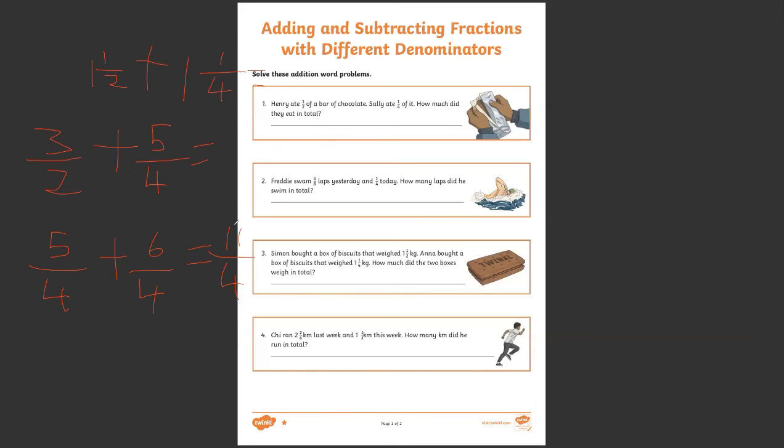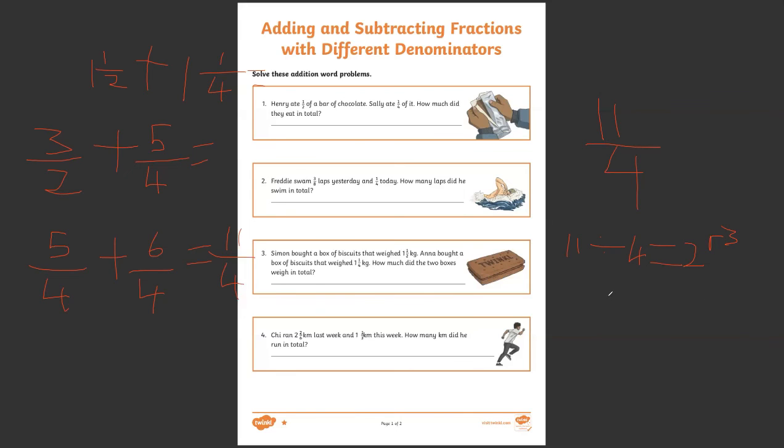Now we can't leave it as 11/4 because we need to change it to a proper fraction. So what we're going to do is 11 divided by 4, which is 2, because the closest is 8, and the remainder is 3. 2 times 4 is 8, plus 3, 9, 10, 11.